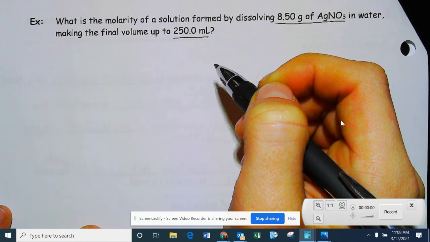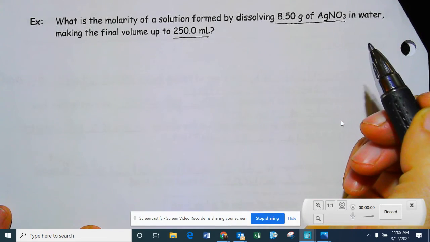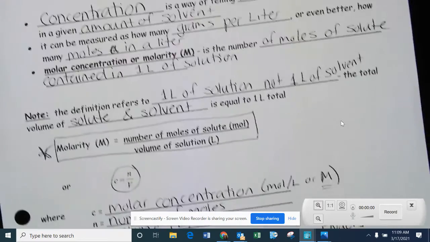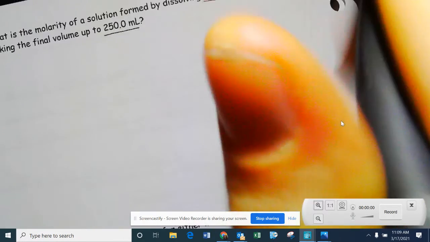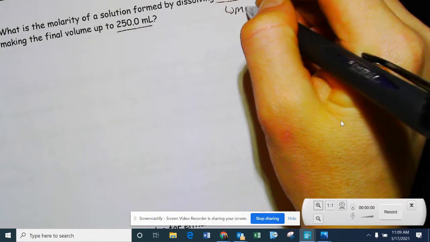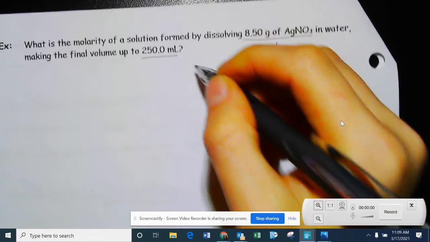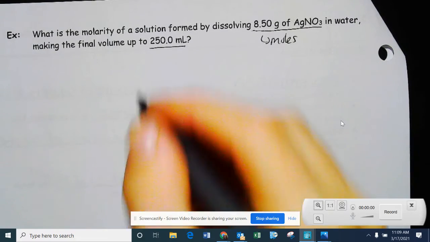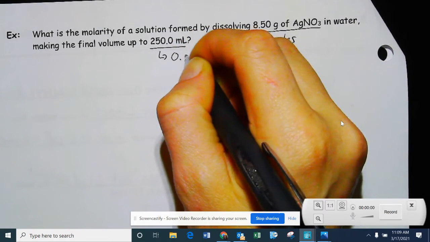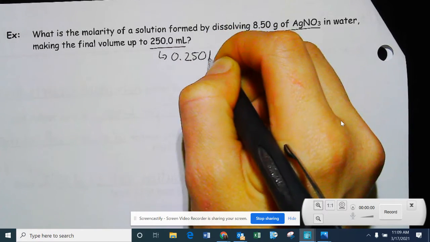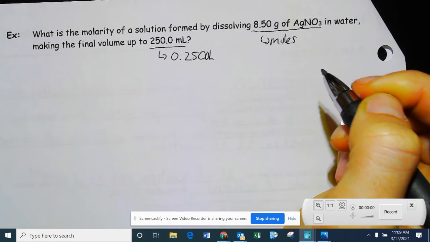So what I need to do is figure out, if we look over here, can I just use grams or do I need to find something else? Moles. I need to turn this into moles. Okay, and then what about milliliters? Yeah, turn it into liters. Okay, that's a super easy one. I'm just going to move the decimal place over and call it a day by doing that.